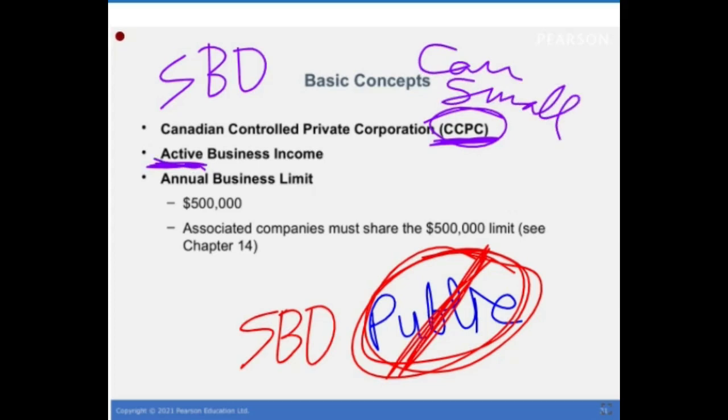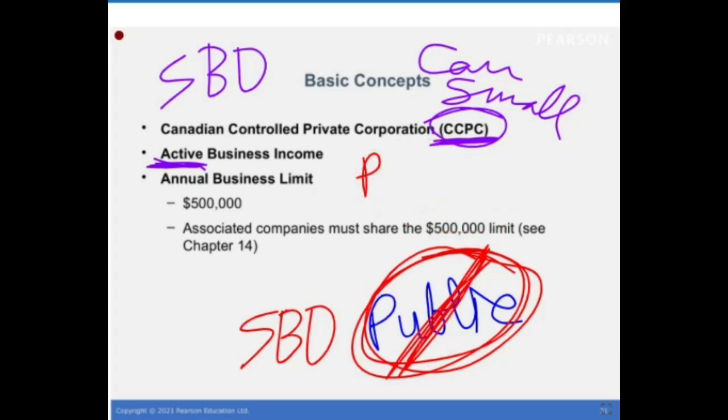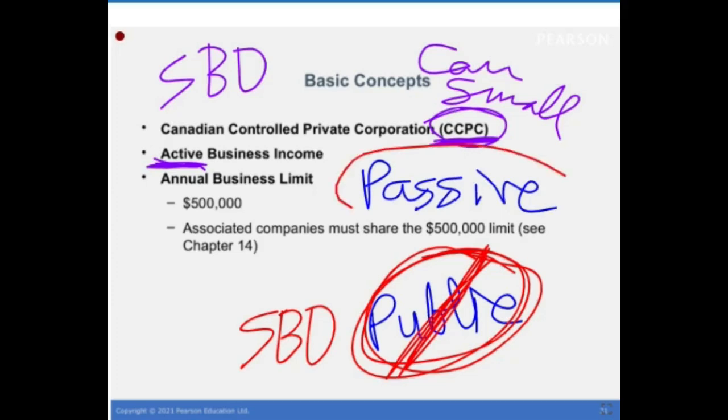Second, it only relates to active business income. So another no-no here is passive. We're not talking about passive income. So not public, not passive. Remember that.